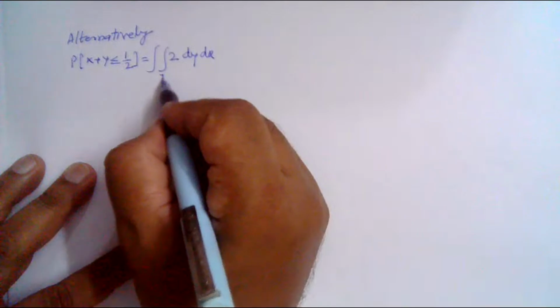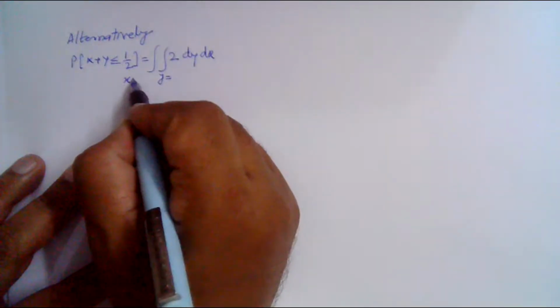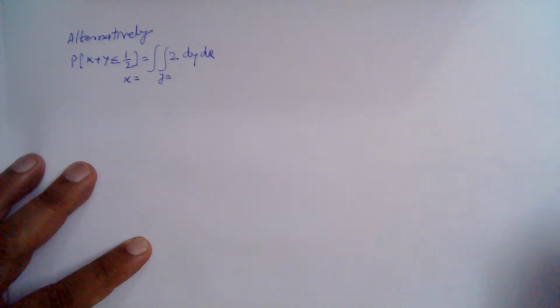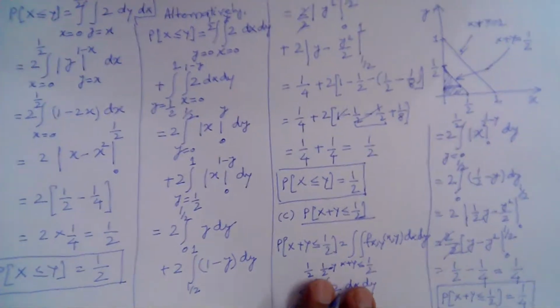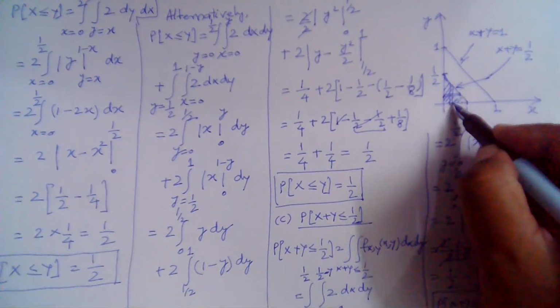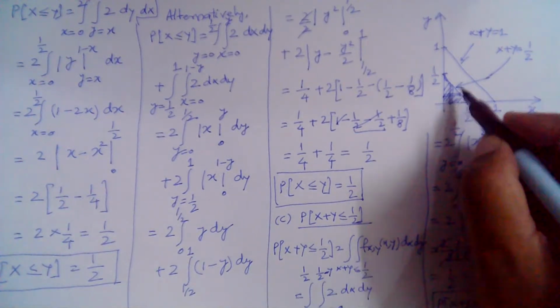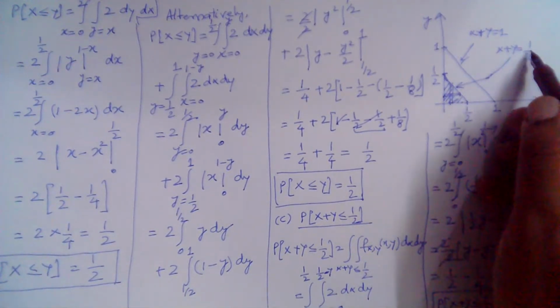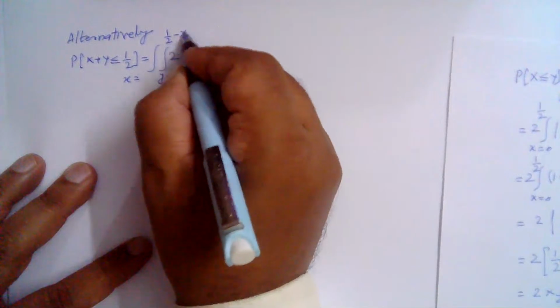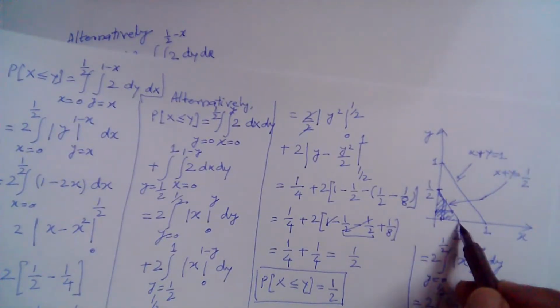And now the limits of y here and the limits of x here, right? So for the limit of y, let's look at this diagram here. We are now assuming this strip in this direction. So y is equal to 0 to y is equal to 1 over 2 minus x here, and x is from 0 to 1 over 2.